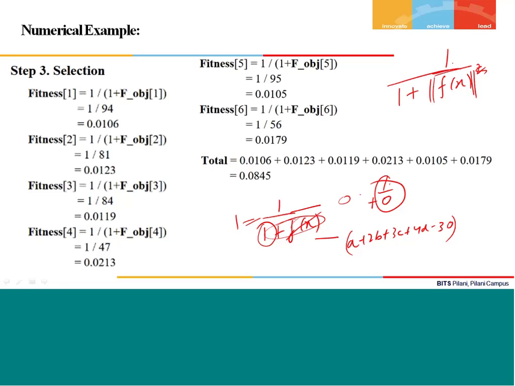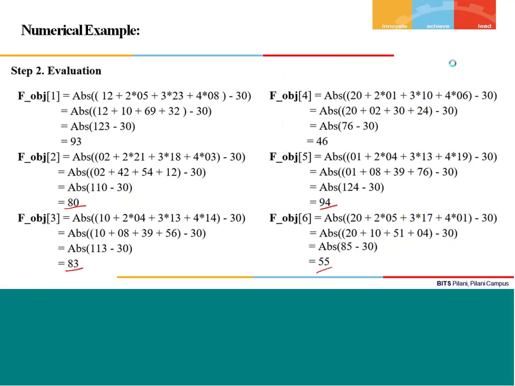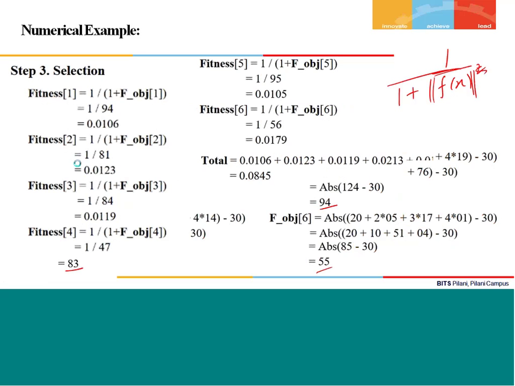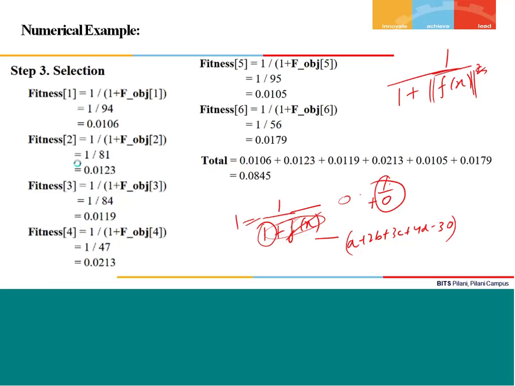That's it. This is the absolute value I'm calculating, which means it is always positive. So if fx gets 0, then my fitness value will be 1.